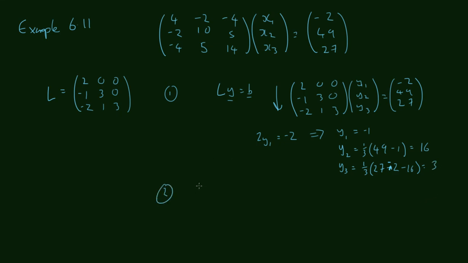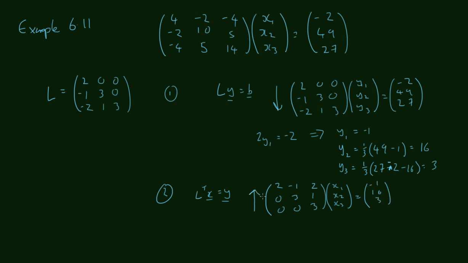The second step is to solve L transpose x equals y. L transpose is 2, minus 1, 2, 0, 3, 1, 0, 0, 3, and that gives us our x values, and on the right hand side we have our y values: -1, 16 and 3.